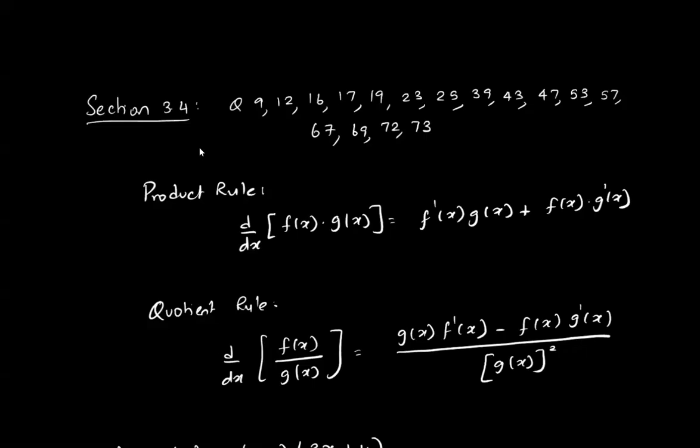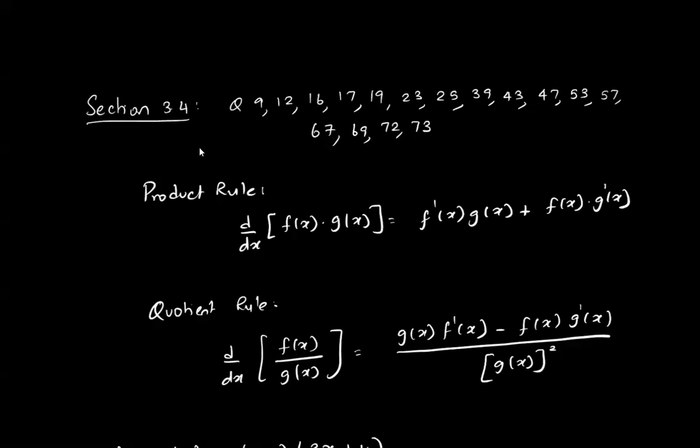The product rule says that when you're taking the derivative of a product of two functions, then you take the derivative of the first function times the second function plus the derivative of the second function times the first function. That's the product rule.